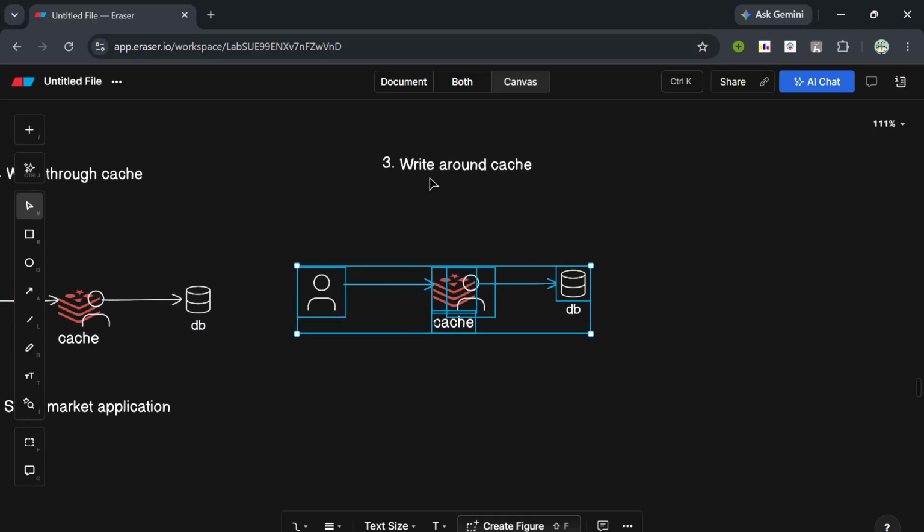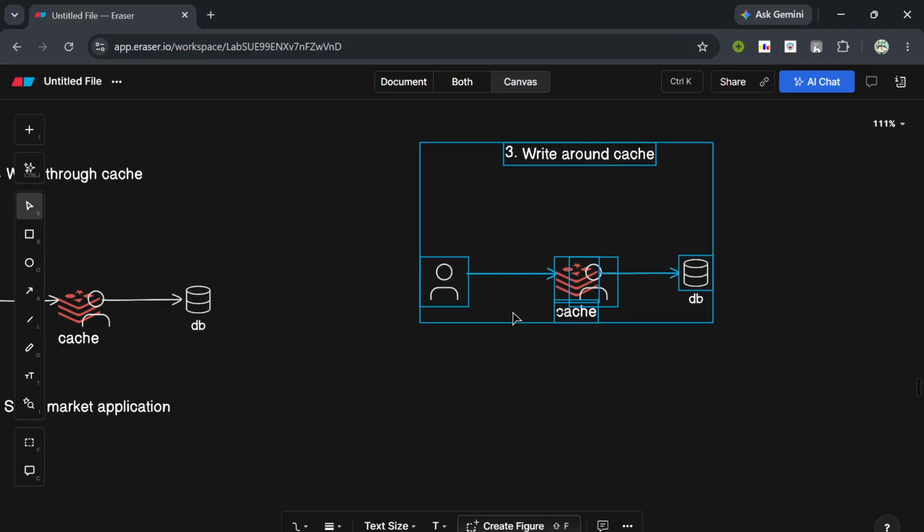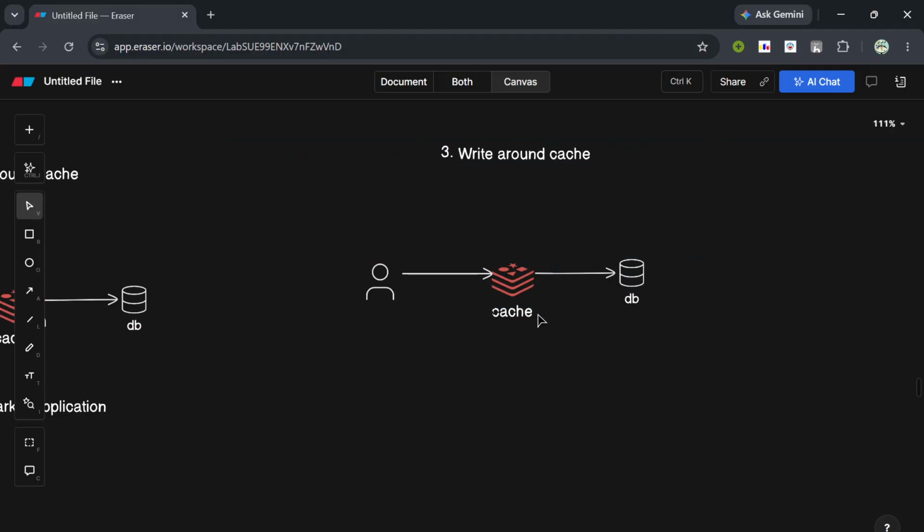So the third strategy that we have is write around cache. And in this strategy, whenever we need to write any data in our application, we write it directly to our database. So this time we are not writing directly to our cache memory, we are writing the data in our database.